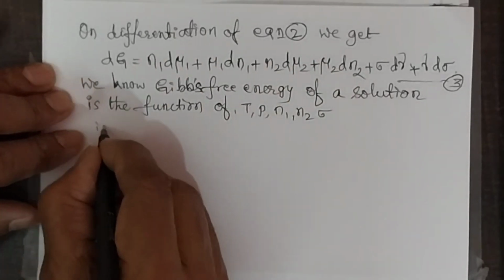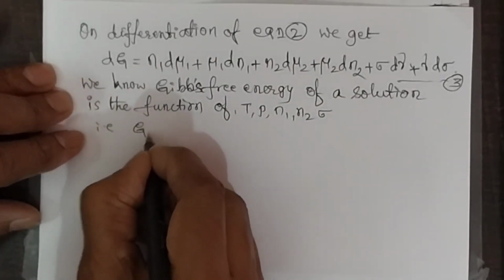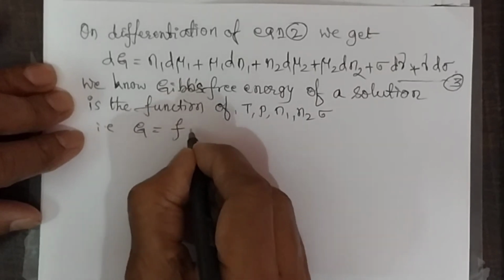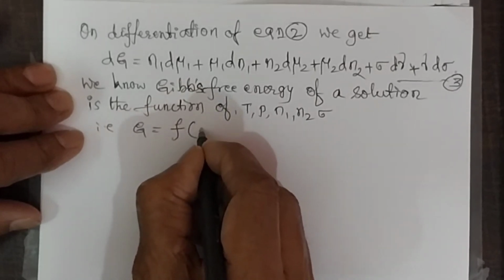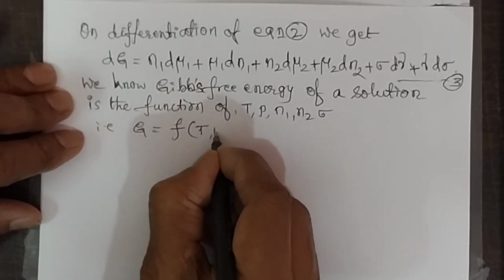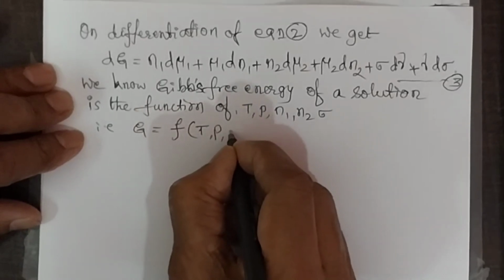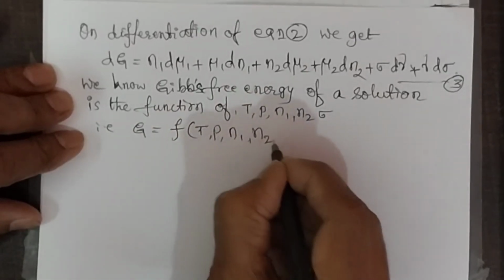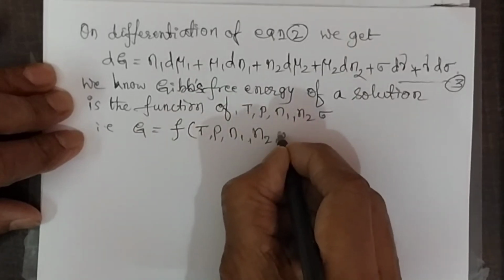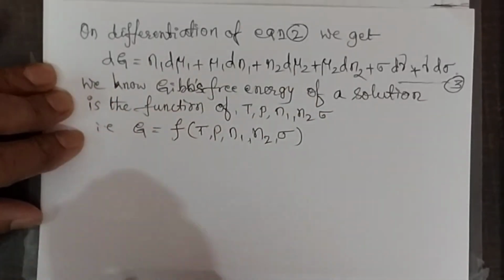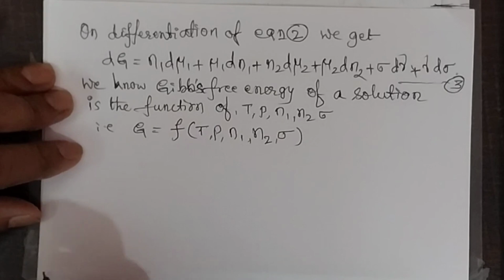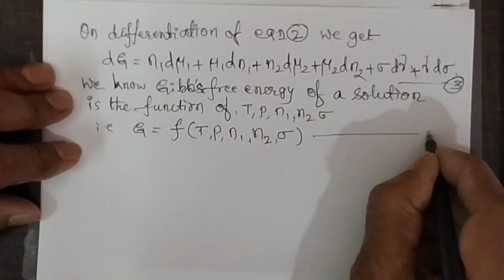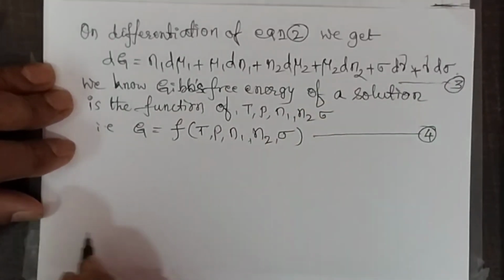That is, G is a function of temperature, pressure, number of moles of solvent, number of moles of solute, and surface area of the adsorbent. Suppose this is equation 4.